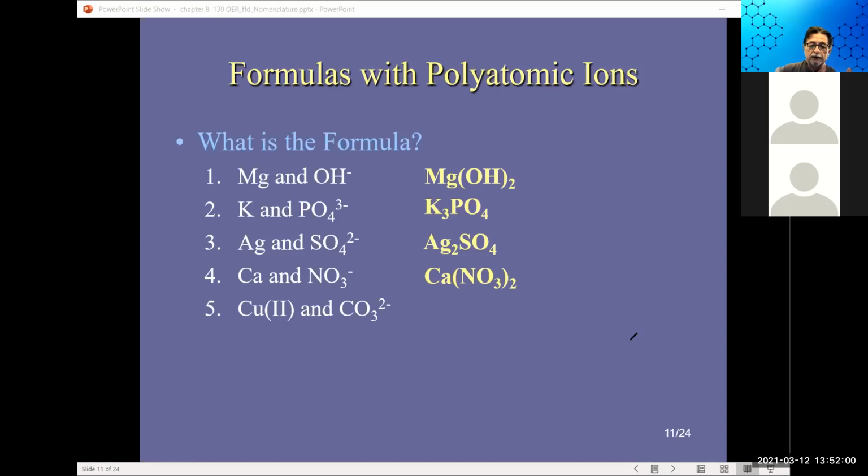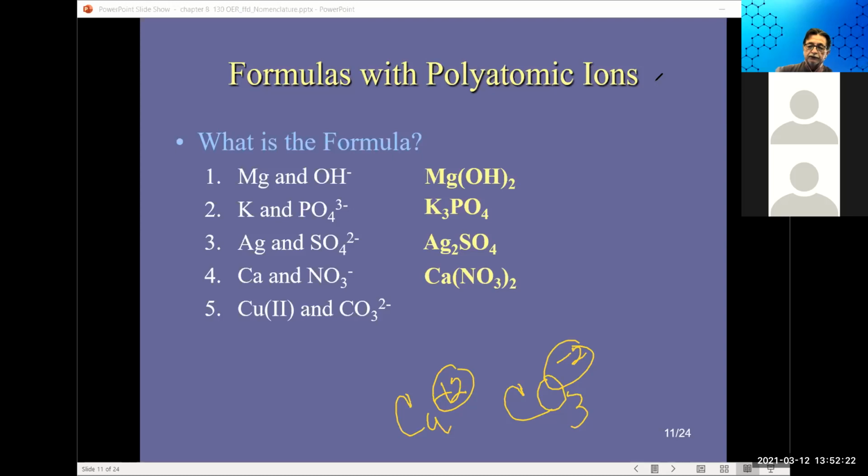Same setup. Copper 2, as we discussed, the Roman numeral 2 represents a +2 of copper. Then there's another polyatomic ion here with a -2. So it's a straightforward 1-to-1, one copper ion and one carbonate.